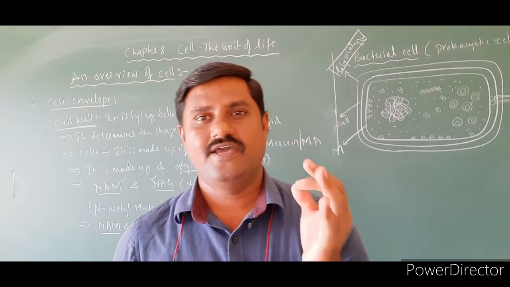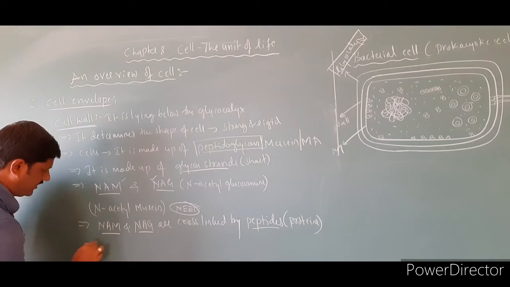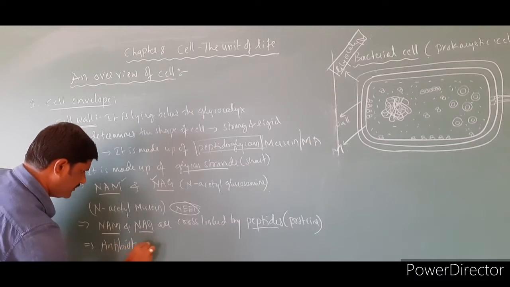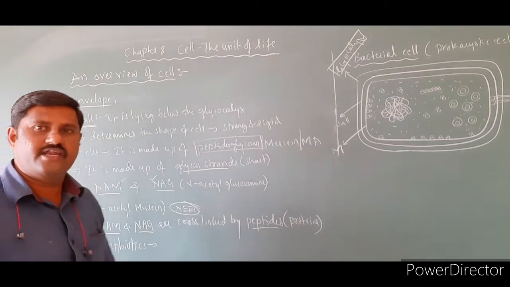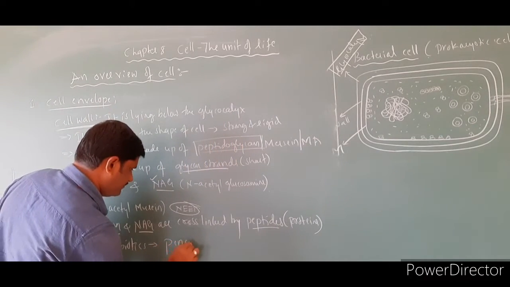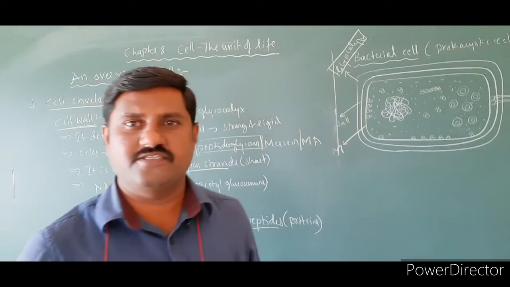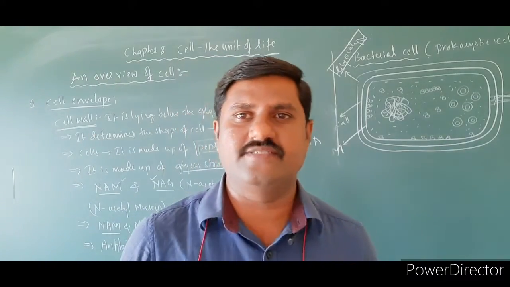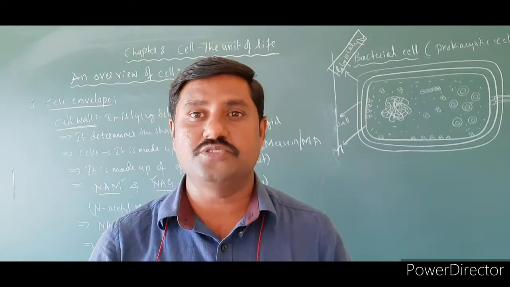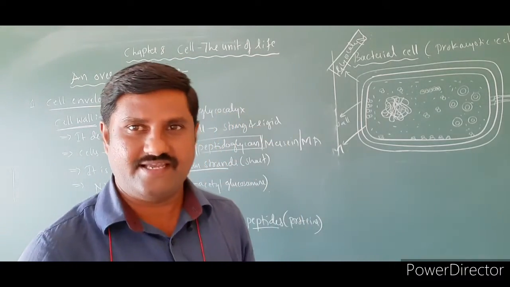It is because of antibiotics, like penicillin. Alexander Fleming is the scientist who made penicillin, and it is the best antibiotic which lyses, or breaks, the wall of the bacterial cell.